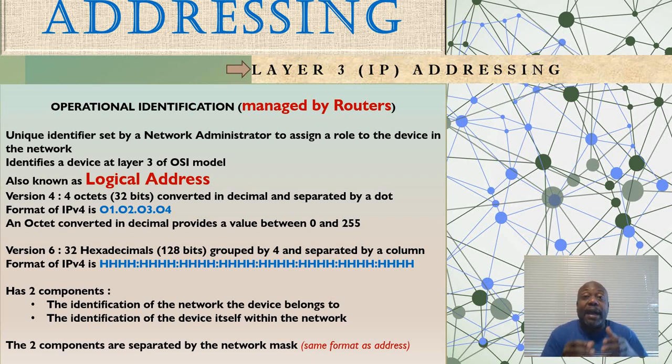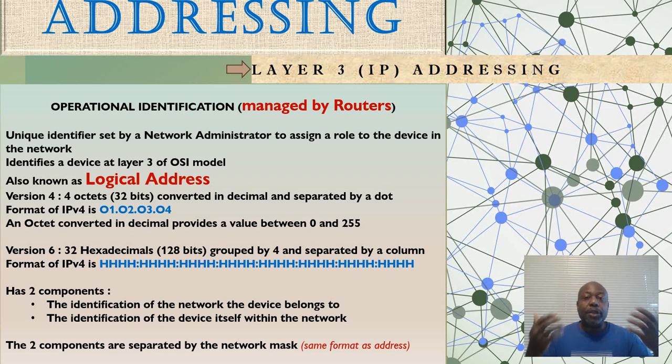That's why we have an IP address that is made of 4 octets separated by a dot. So it's going to be octet 1 dot octet 2 dot octet 3 dot octet 4. Each octet has 8 bits, and with those 4 octets in total we have 32 bits.